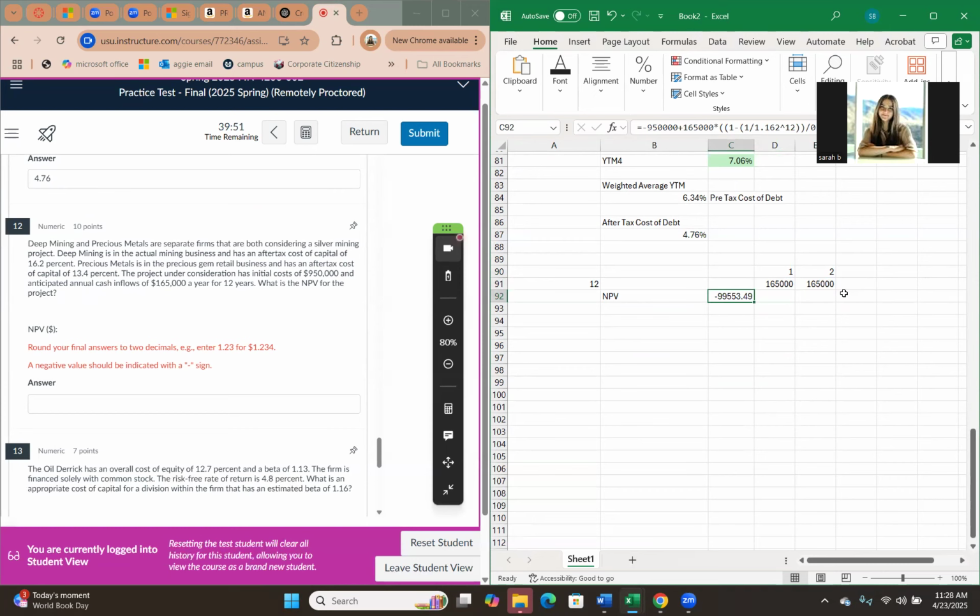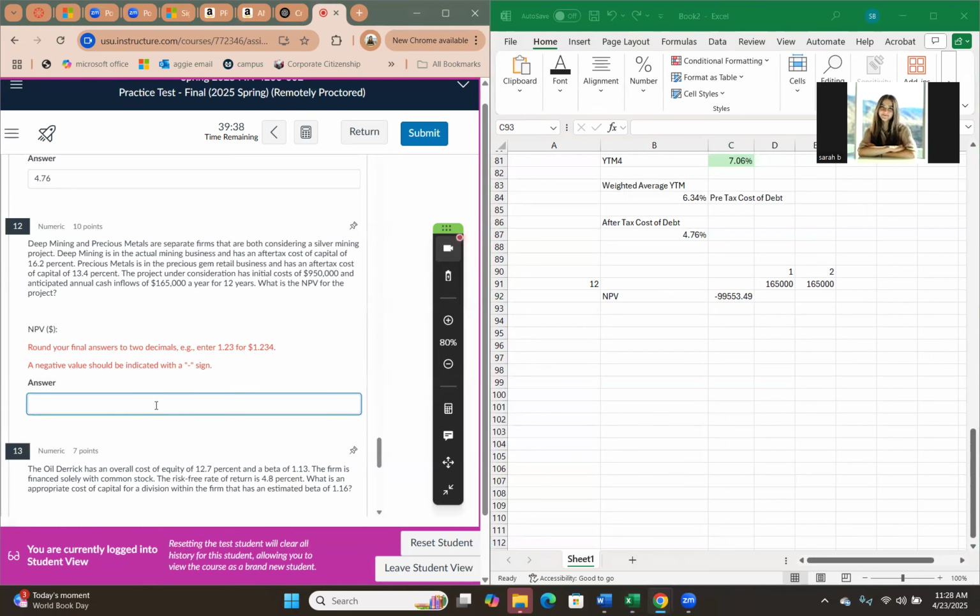But this way you can just use the present value formula to get the present value of those cash flows and then subtract off the initial cost. Okay, so you get negative 99,553.49, which is what I got there. Sweet. Okay.